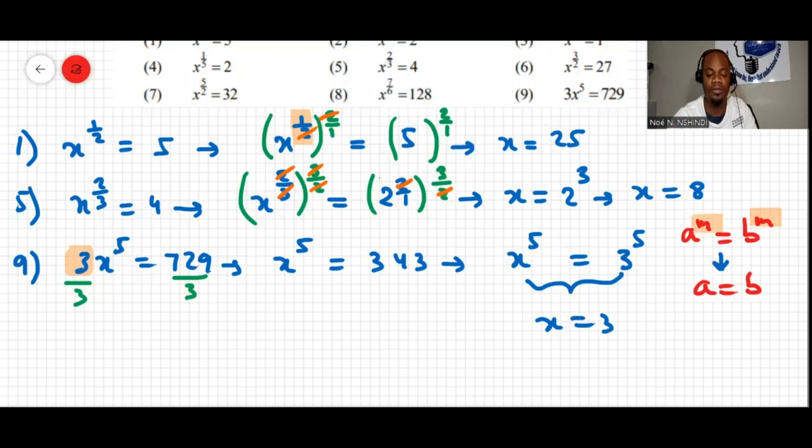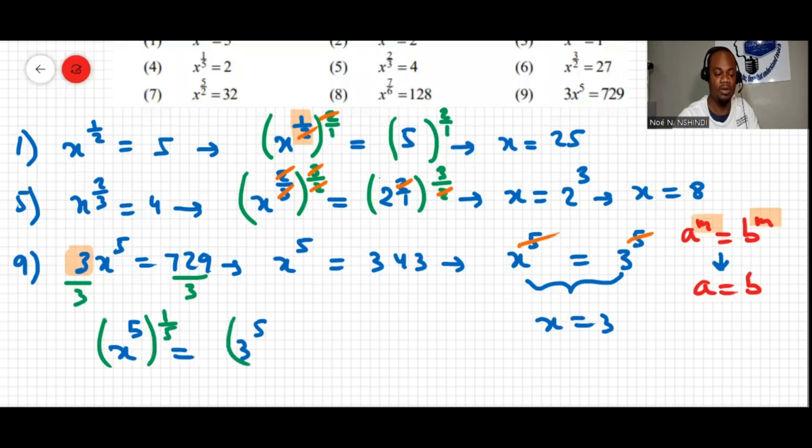Or we can just cancel the exponent here and say x is equal to 3. Or someone else may say, if it was x to the power of 5 equal to 3 to the power of 5, we can raise this to the power of 1 over 5, and there also to the power of 1 over 5.